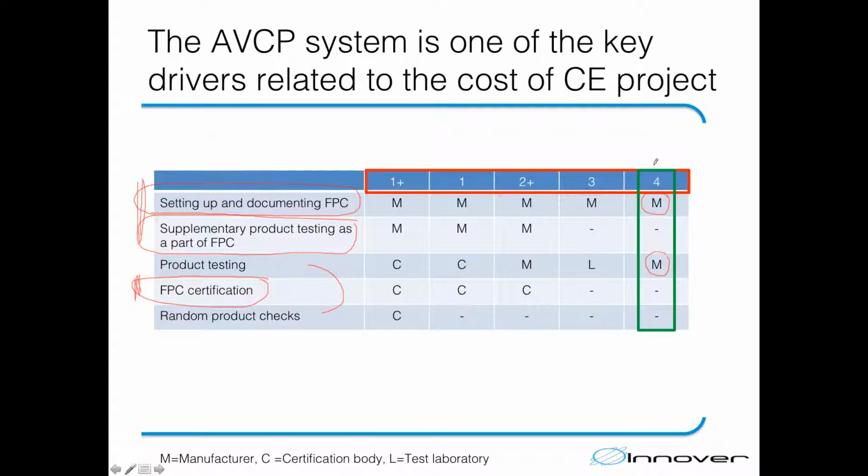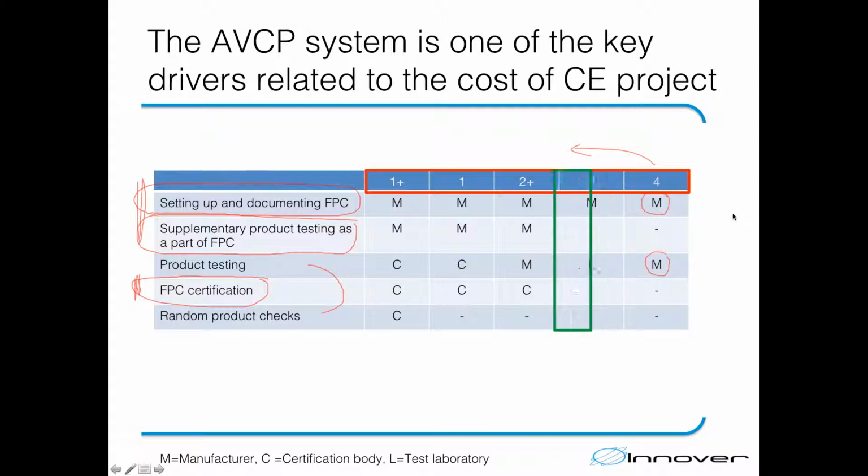And as you remember, once we start to move from 4 to System 1+, the division of labor and the tasks assigned to the manufacturer decrease, and at the same time the tasks and responsibilities assigned to the certification body or test laboratory increase.